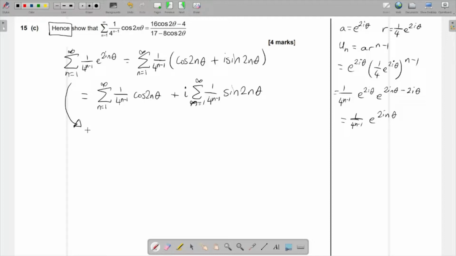Okay, so what that will be is e to the 2i theta, it's just the answer from the previous question, over 1 minus a quarter e to the 2i theta. Now what do we do next? Most students do kind of get stuck here, but what I'm going to do here is actually times the top and bottom by this.